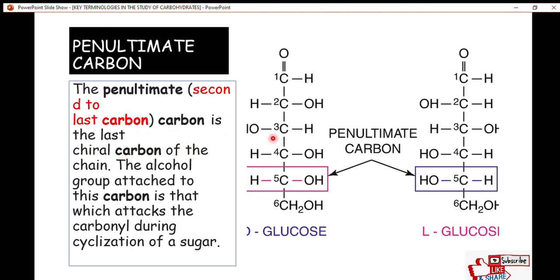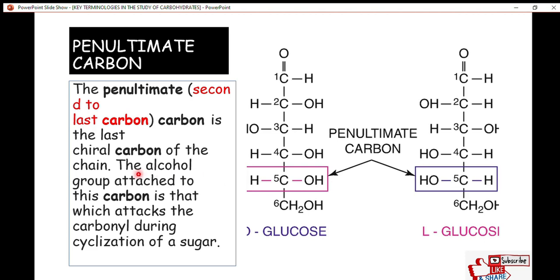When you check D-glucose, we have carbon 1, 2, 3, 4, 5, 6. So the penultimate carbon is carbon 5, the last but one carbon, and it's the last chiral carbon in the glucose molecule.